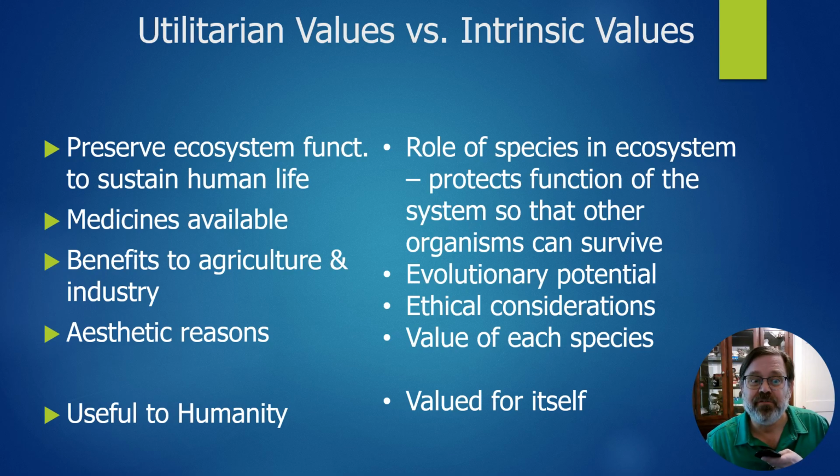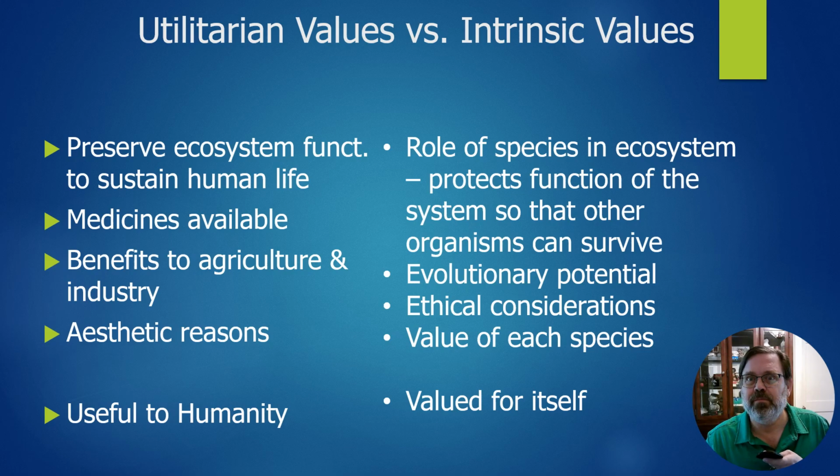The values on the left-hand side are human-focused. They're useful to humanity, so we say they're utilitarian, or humans can use them. It has value just because we can use it, and if we can't use it, then it doesn't have value. Versus intrinsic values state that a species has value just simply because it exists.